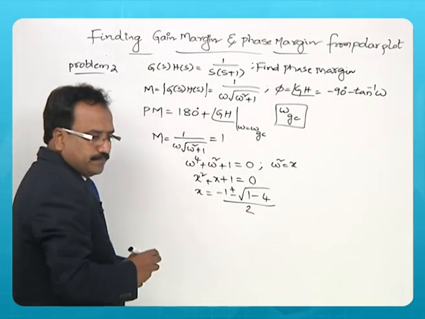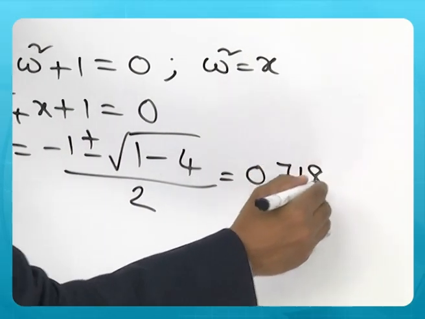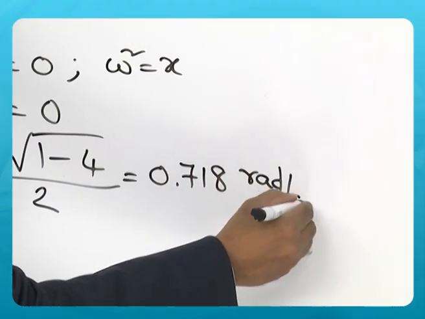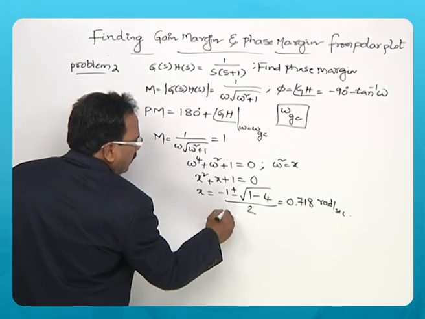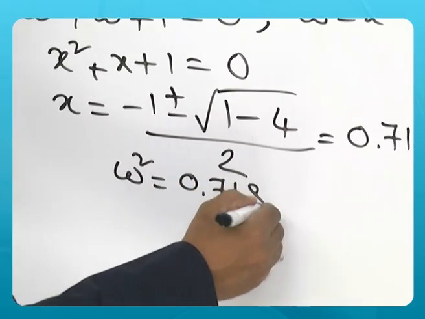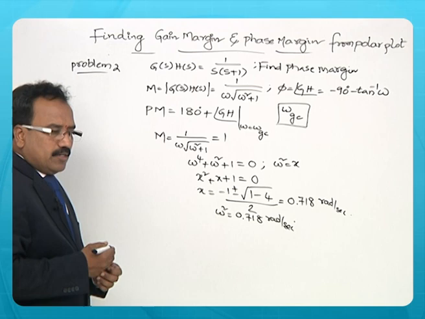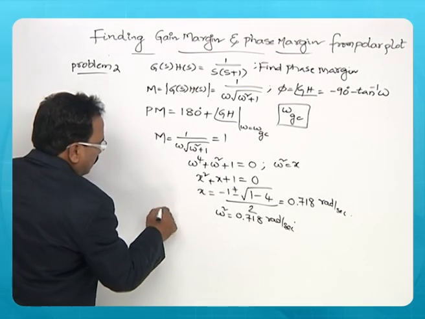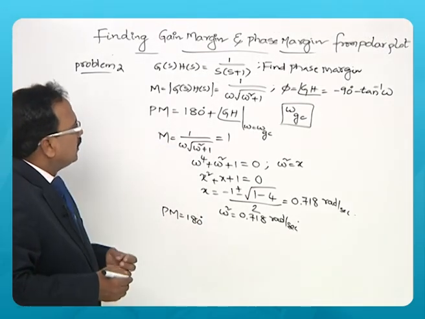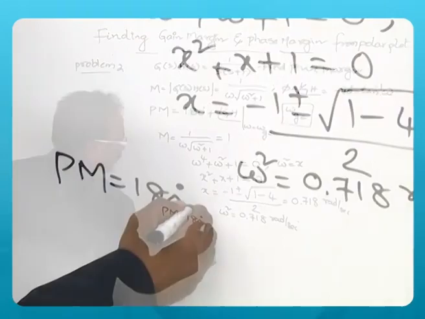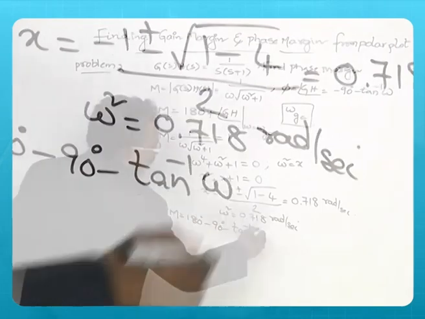A is 1, and this will be 0.618. So, x is nothing but omega square, that is 0.618 radians per second. So, the phase margin is 180, and the phase angle term you can see is minus 90 minus tan inverse omega.